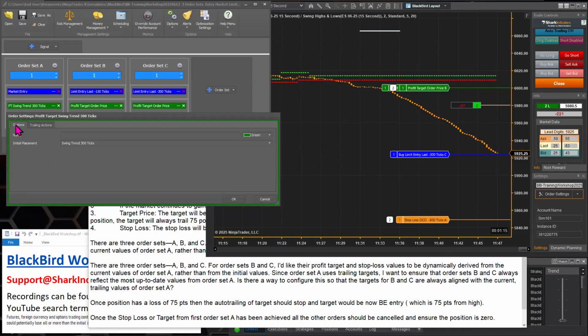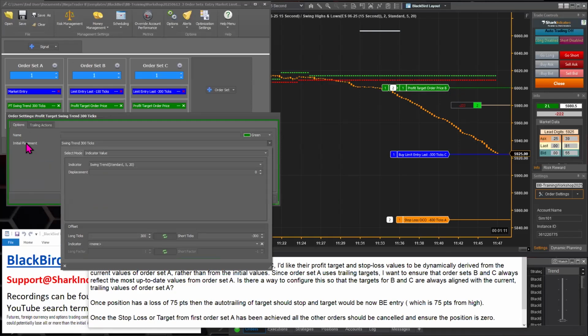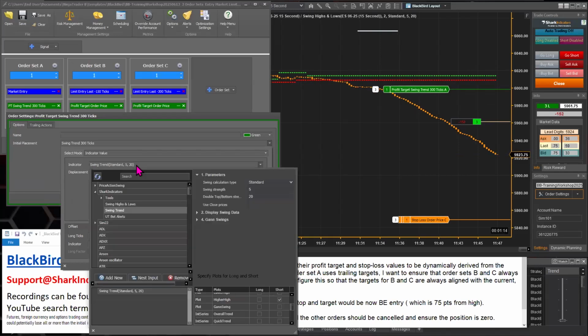All right, so the initial placement is we're using a swing indicator to grab whatever the latest highest high is for a short, or the latest lowest low for a long trade there, right?